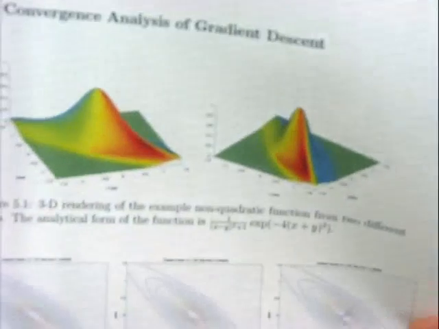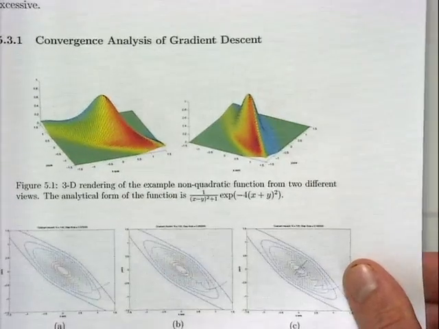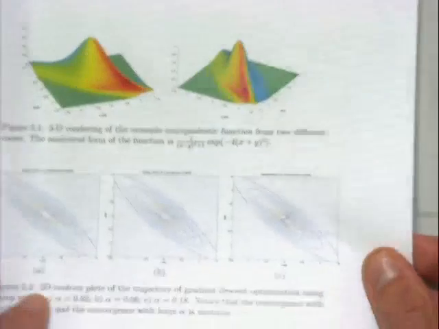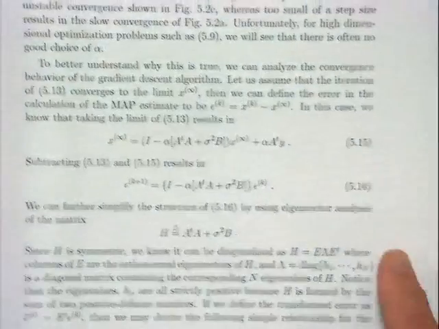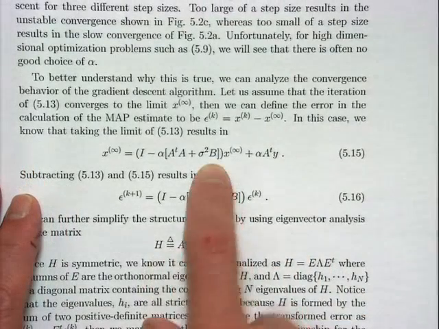You're going to read the rest of this section. In fact, I think we got through the material we were supposed to for today anyway. The convergence of the gradients: there are 2 ways of doing the convergence analysis. One is by doing an eigendecomposition of the matrices.